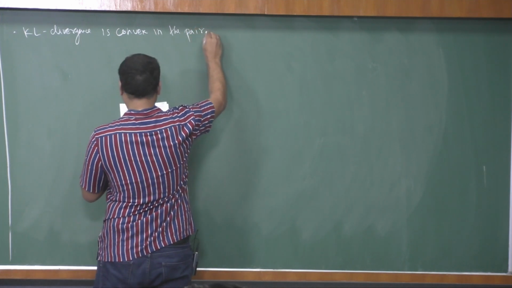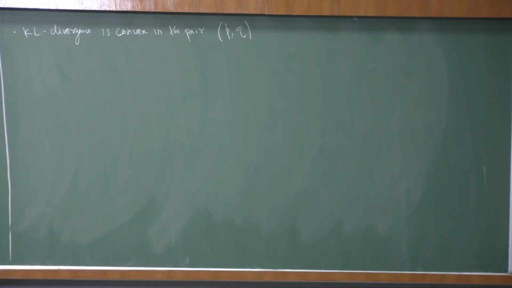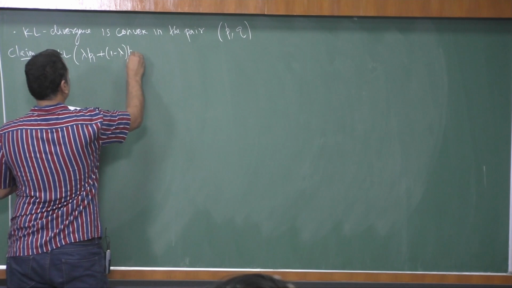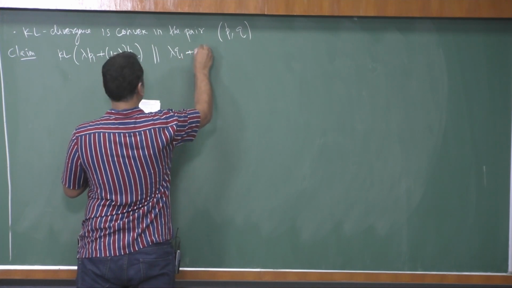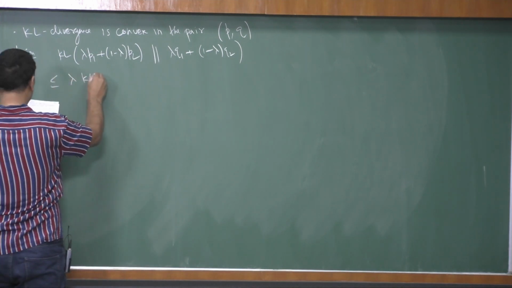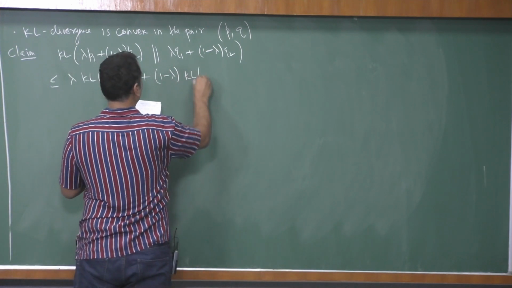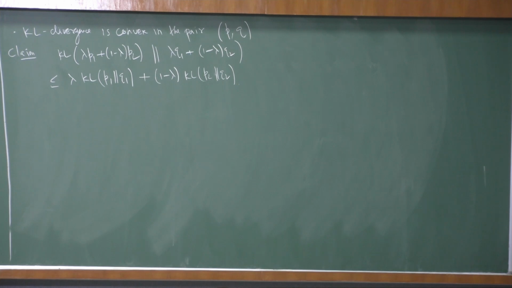If I have two distributions P and Q, as a function of the pair (P, Q), it's convex in the pair, meaning it satisfies the criterion KL(lambda P1 + (1 - lambda) P2, lambda Q1 + (1 - lambda) Q2) is less than or equal to lambda KL(P1, Q1) + (1 - lambda) KL(P2, Q2). This is essentially what we have to prove.